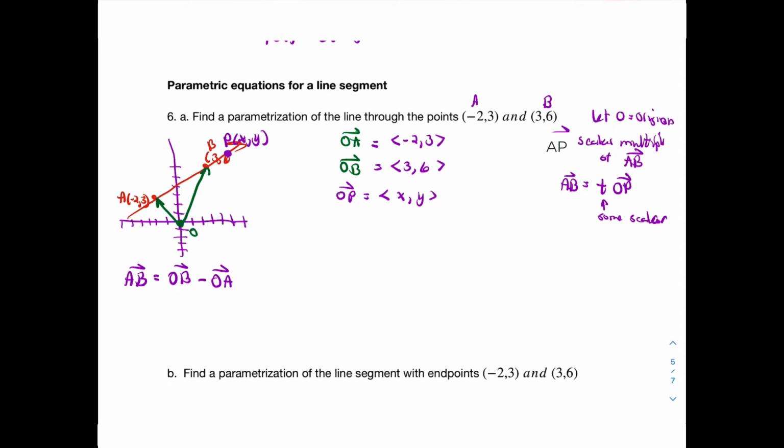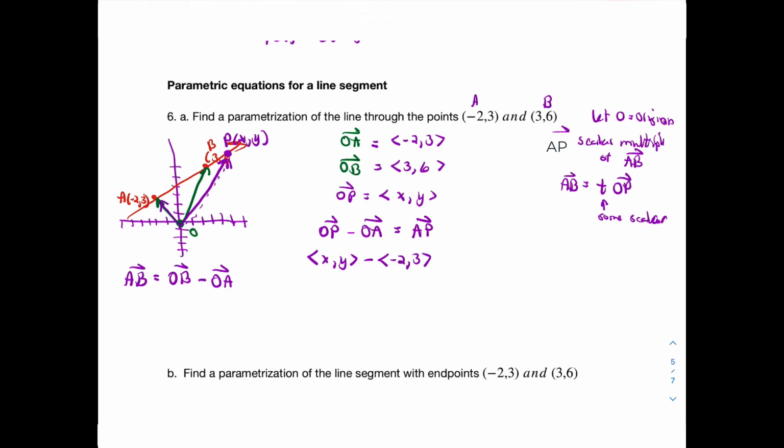Now I'm going to look at this equation: vector OP minus vector OA is equal to vector AP. Let me sketch this on the graph to make sense. So vector OP minus vector OA gives us vector AP. And we know that vector AP is a scalar multiple of vector AB.